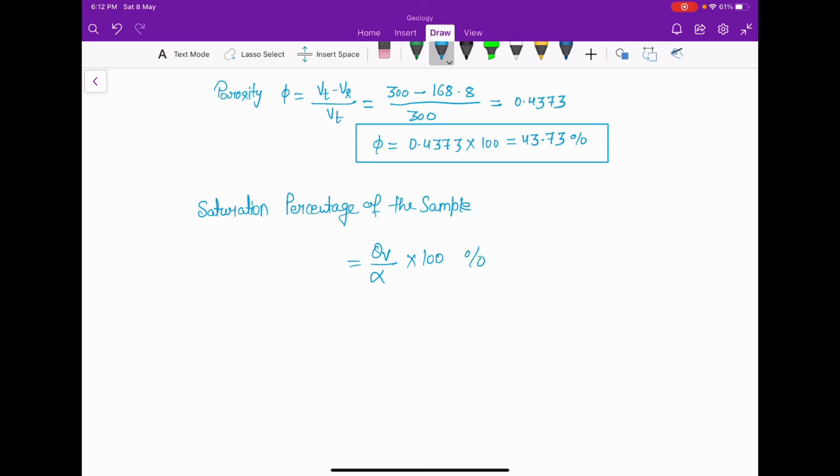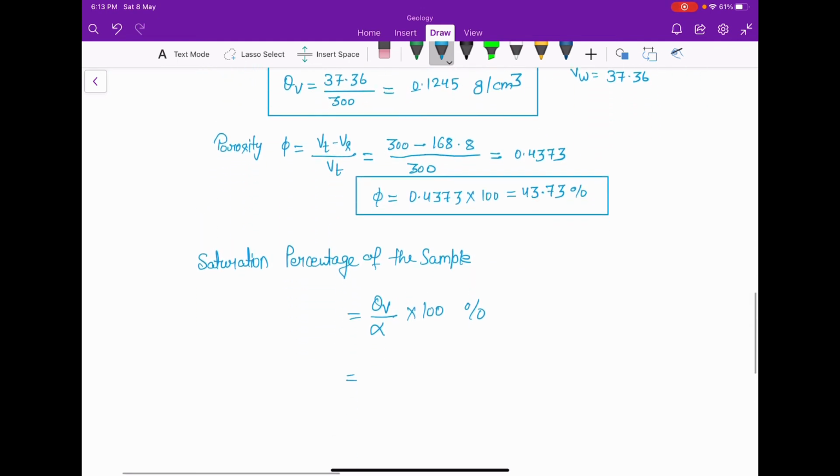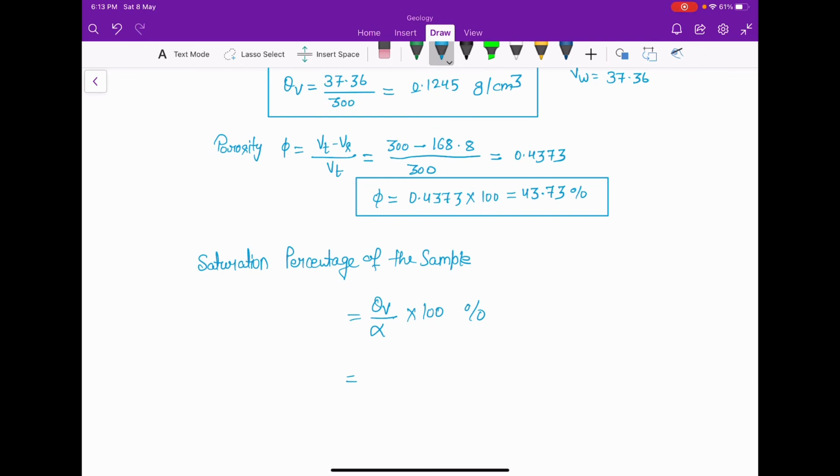Basically, saturation percentage of the sample is defined as the percentage of the pore space that is filled by water. So how much pore space is filled by water? Here theta V is the water content and alpha is your porosity.